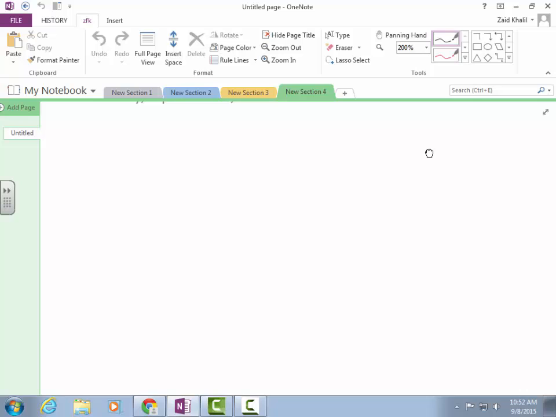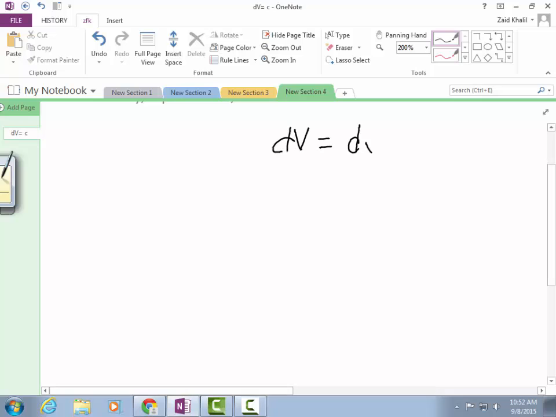The first one's obvious: Cartesian. And what would that look like? That's right. It would look like a cube, dV equals dx dy dz, just your straight-up cube. And this would be dx, dy, and dz.